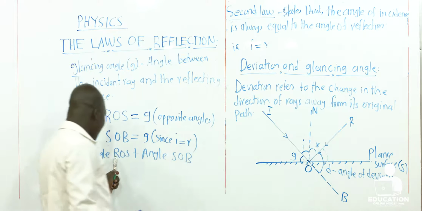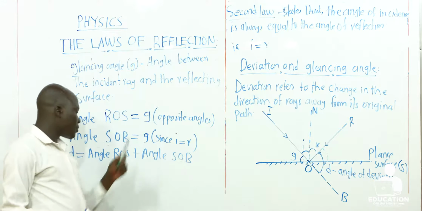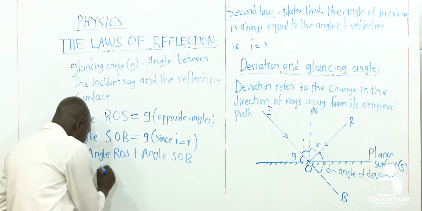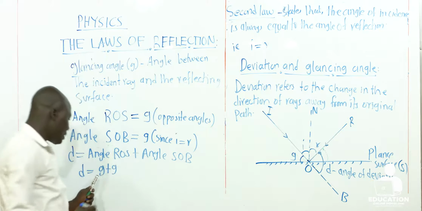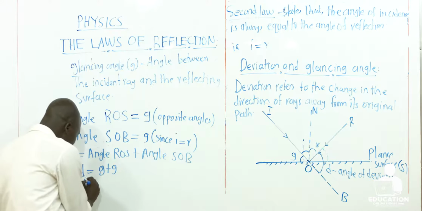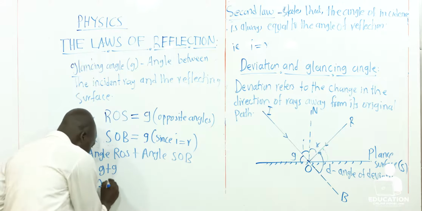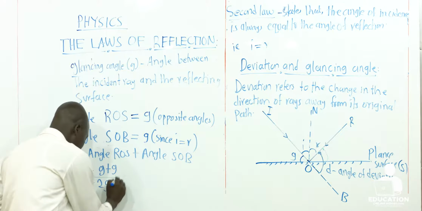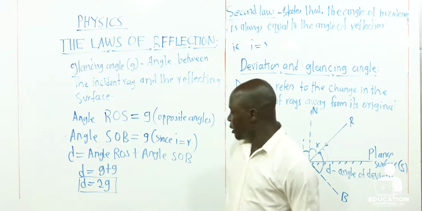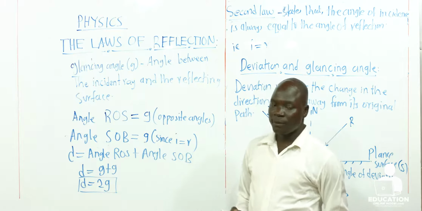But we said angle ROS is equal to G. Then angle SOB is also G. So D, which is the deviation, is equal to G plus G, where G is the glancing angle. So when we add the two, we're going to have D equals 2G. D is equal to 2G, meaning the angle of deviation is twice the glancing angle.